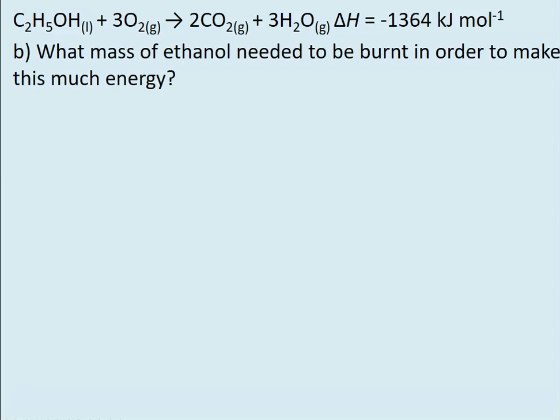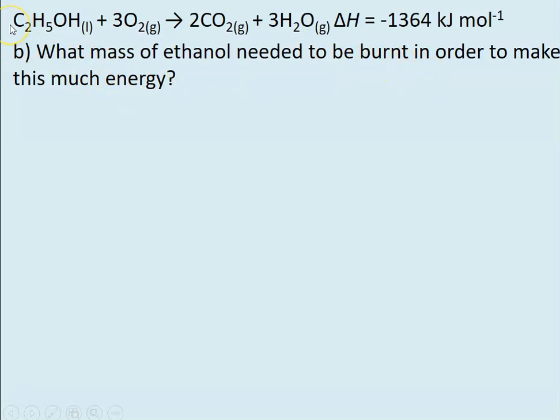Okay, this is another ratio question. So just a bit of practice. We did that this amount of energy is for 1 mole of ethanol. So we know that you need 1364 kilojoules for every 1 mole of ethanol. So what mass of ethanol needed to be burned in order to make this much energy?